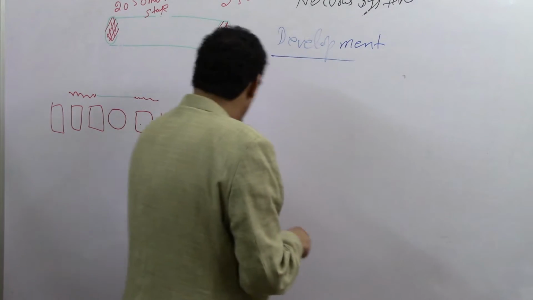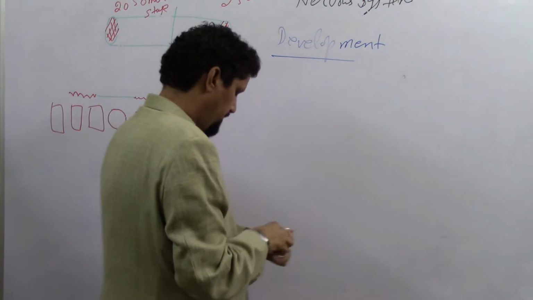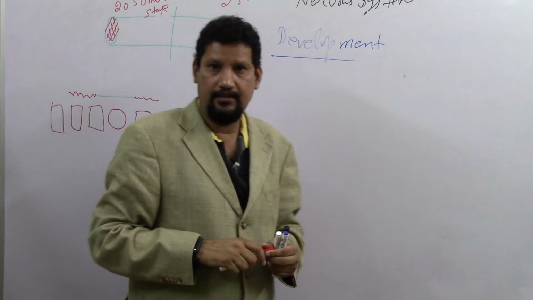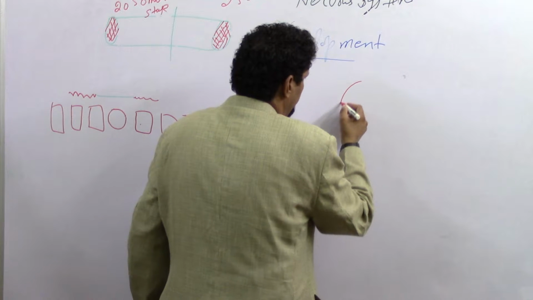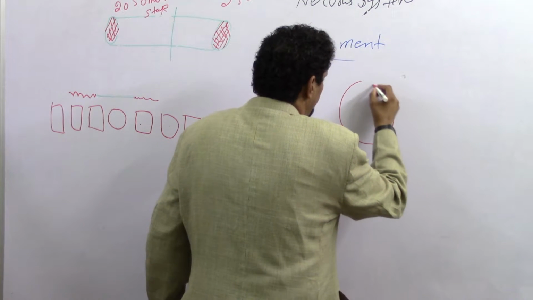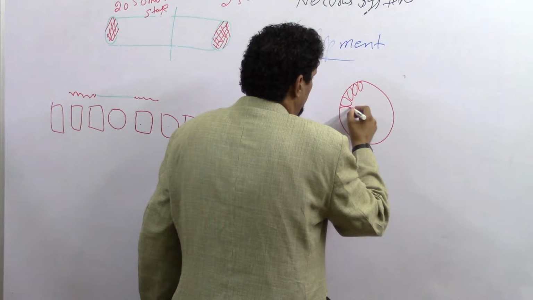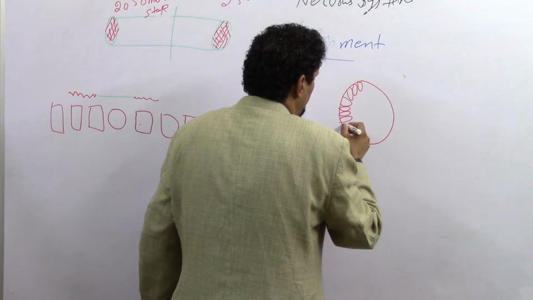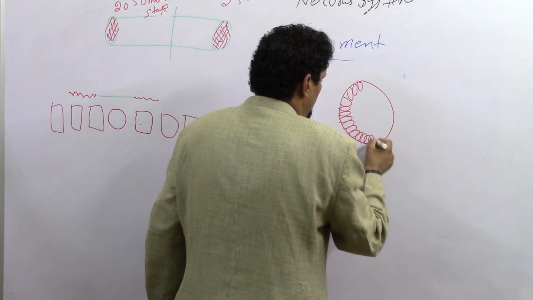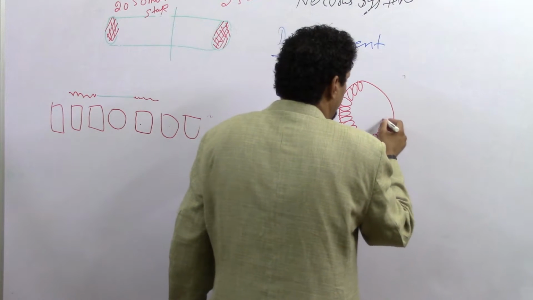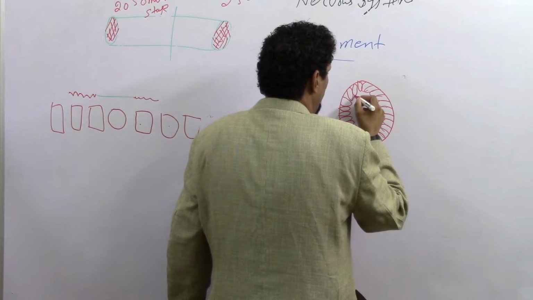Now I will show you the section of this neural tube. Initially this neural tube has a single layer of columnar cells resting on the basement membrane, and it has outer and inner limiting membranes.